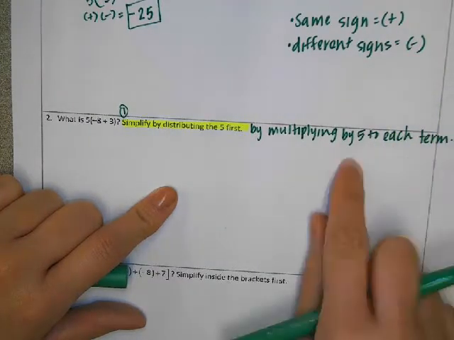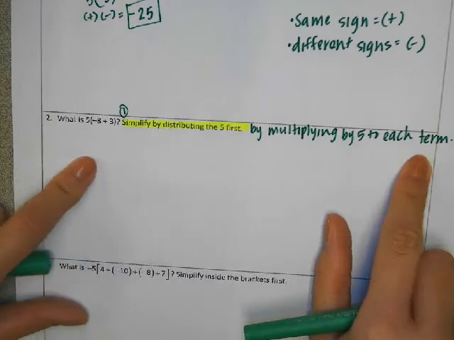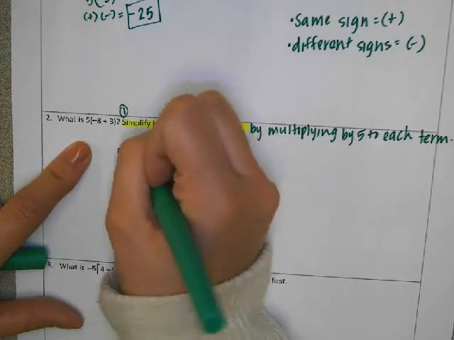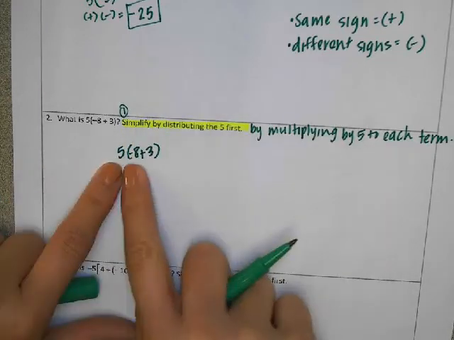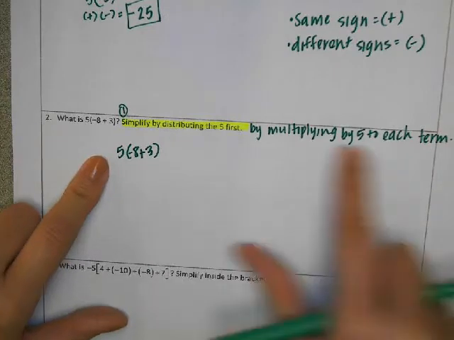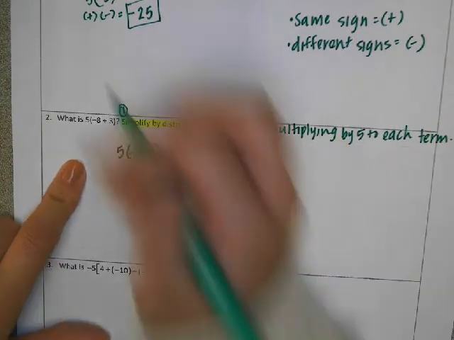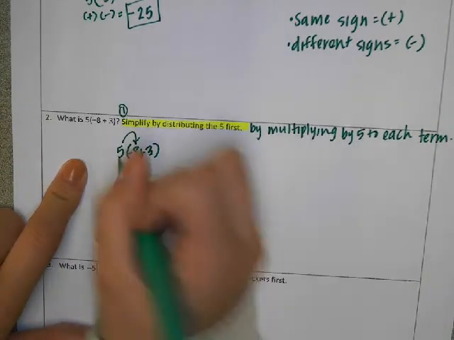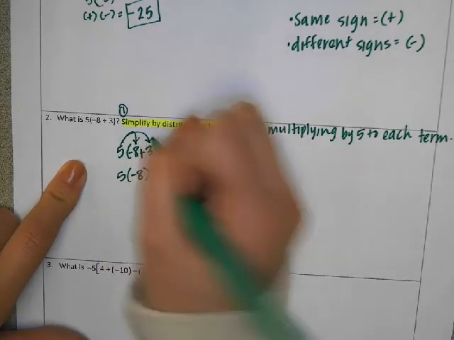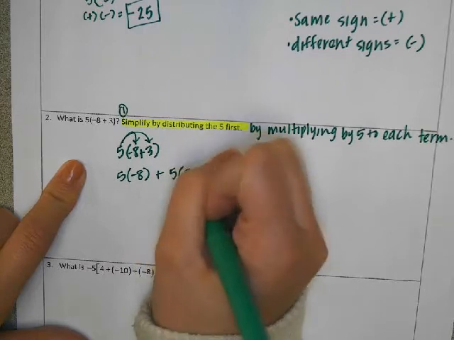Okay, that's important. To each term is important. So I'm just going to rewrite this as 5 times negative 8 plus 3. And we're going to distribute by multiplying by 5 to each term. So I'm distributing my 5 times negative 8 plus distribute the 5 to the 3, 5 times 3.